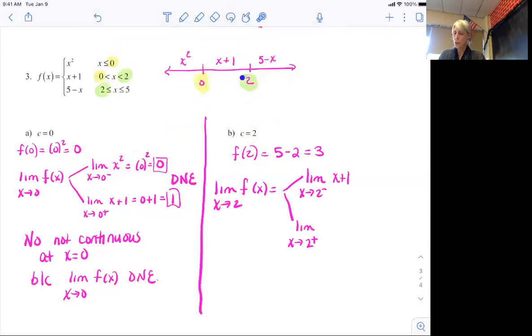What rule am I going to use when my numbers are greater than? I'm plugging 2 into 5 minus x. 2 plus 1 is 3. 5 minus 2 is 3. My overall limit is going to be 3 because these numbers are the same.